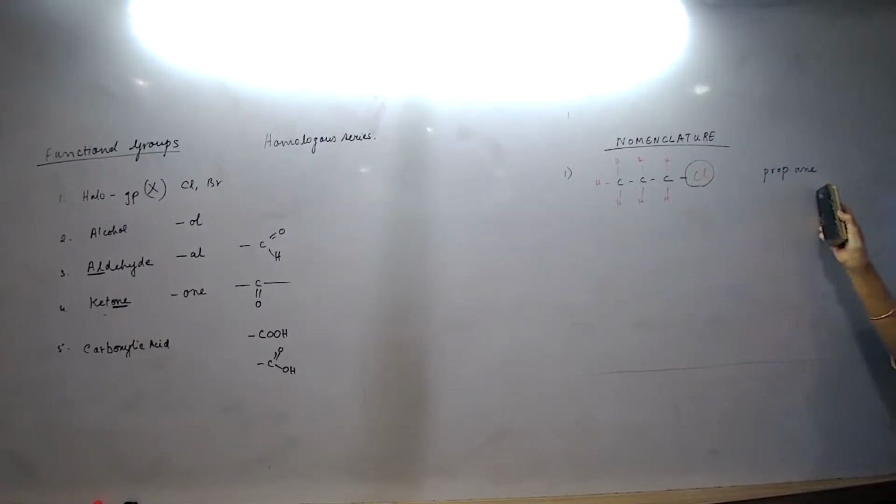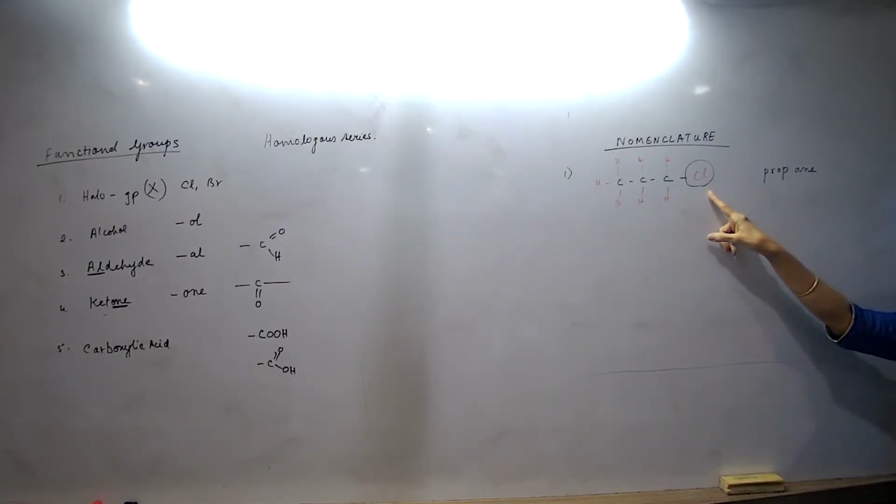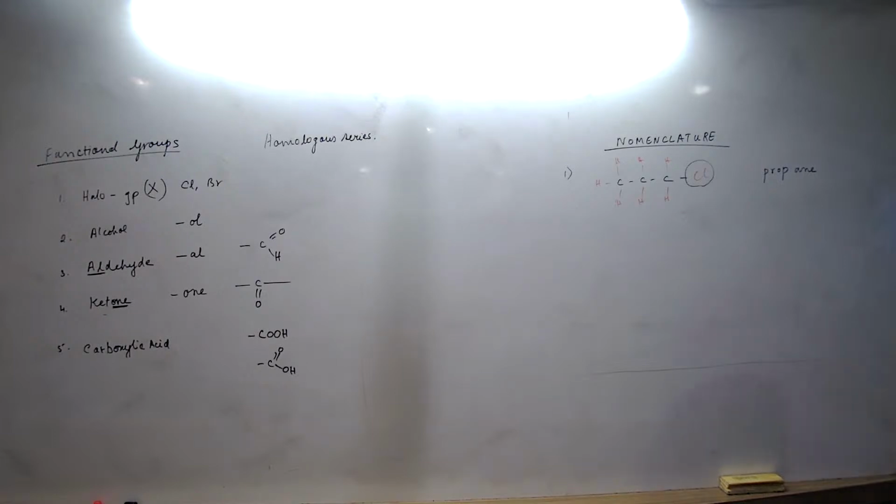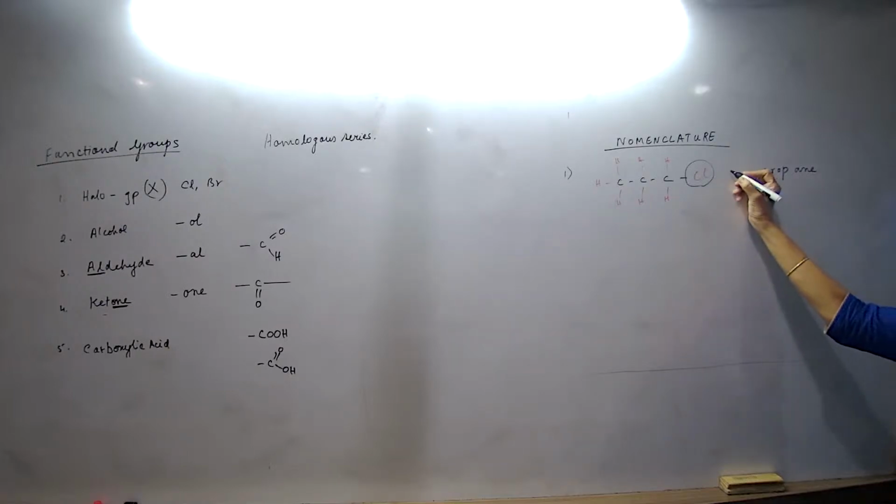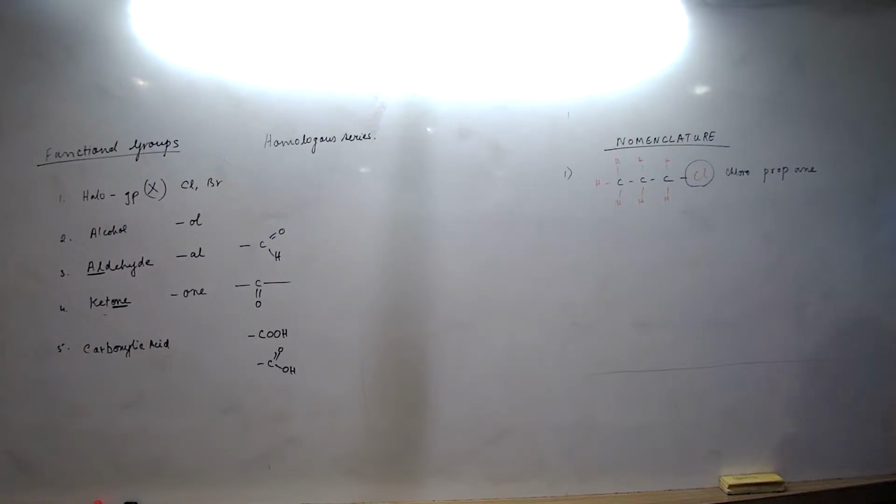So remove propane, and then we'll write it as halo. But we know which halo it is. It is chlorine, right? So we write it as chloropropane. It is a propane, but there is a chloro group, so it becomes a chloropropane. Got it? Come on, take down this example.